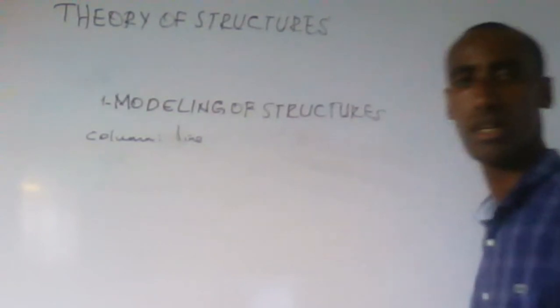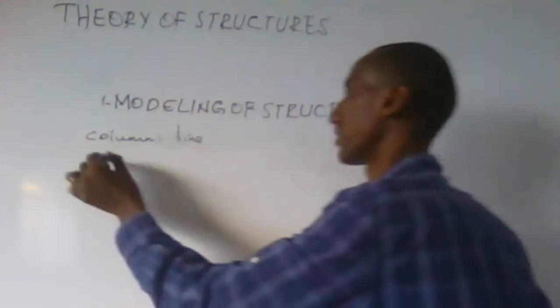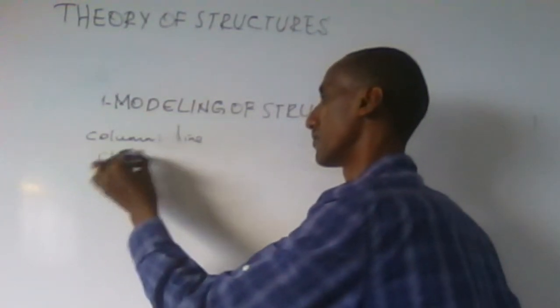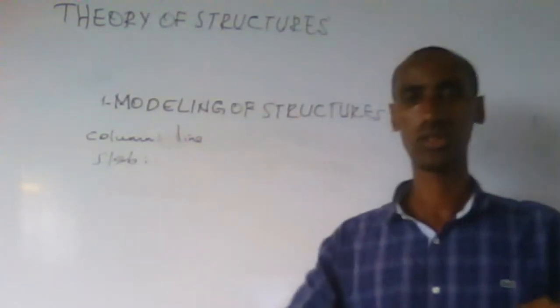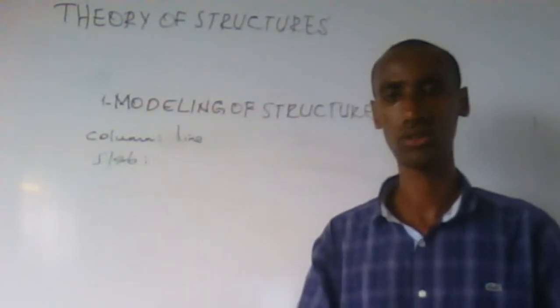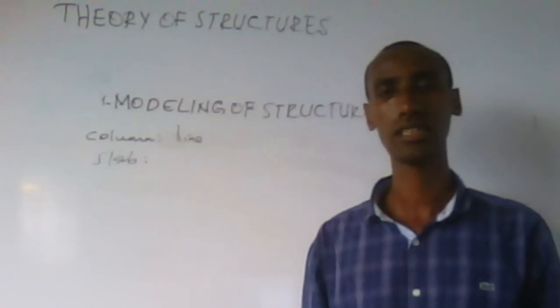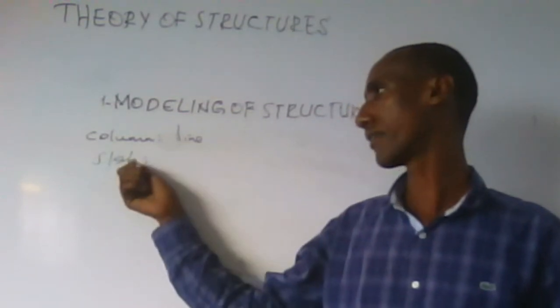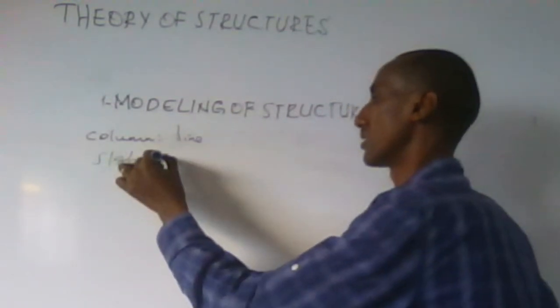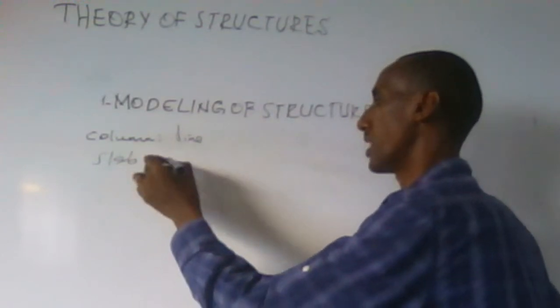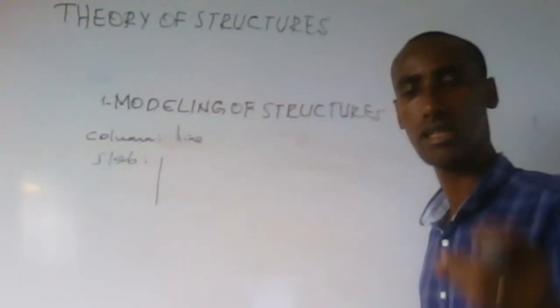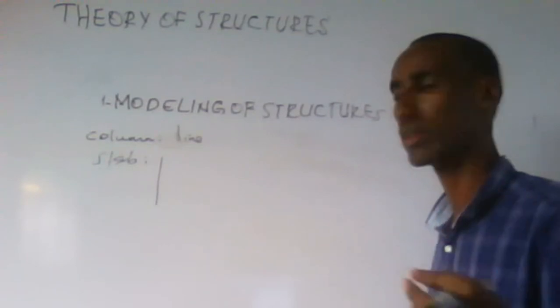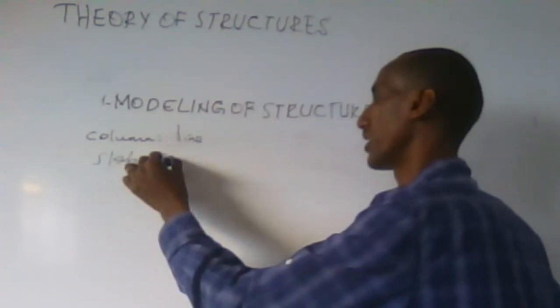Okay? When you come to slabs, a slab is usually a flat or horizontally aligned structure, but it has much less thickness as compared to its length and its width.